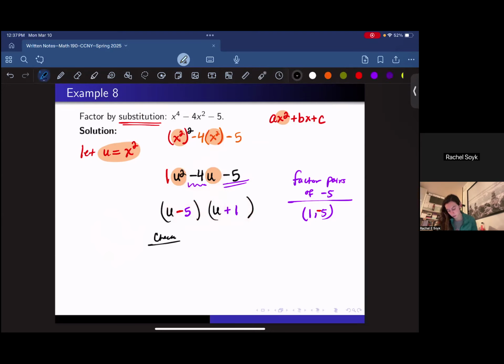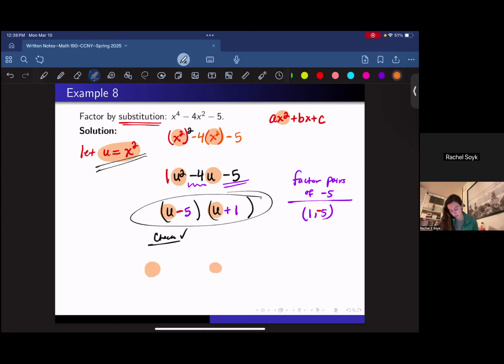Our check works. Now, are we done though? We can't put that as our final answer because we need to substitute it back in for x squared. So wherever you see a u, we want to replace back in your x squared. So you're looking at x squared minus 5 in parentheses, and then x squared plus 1.